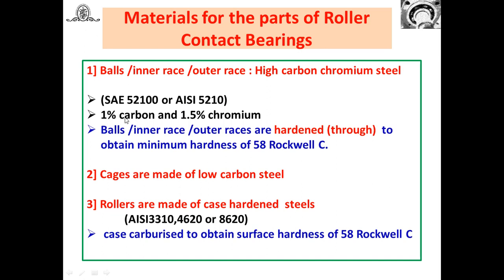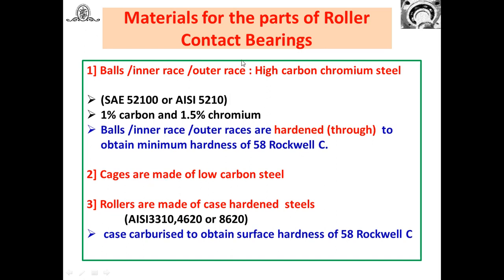It consists of 1% carbon and 1.5% chromium. The balls, inner race and outer race are hardened throughout to obtain a minimum hardness of 58 Rockwell C.